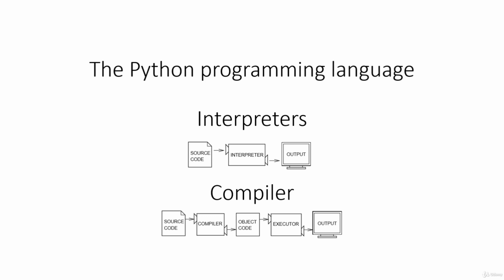Python is an example of a high-level language. Other high-level languages you might have heard of are C, C++, Perl, and Java. As you might infer from the name high-level language, there are also low-level languages, sometimes referred to as machine language or assembly languages.